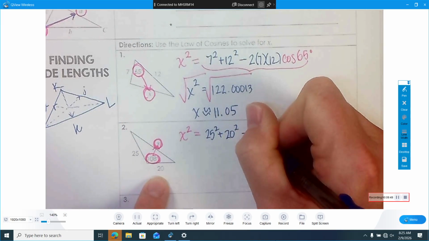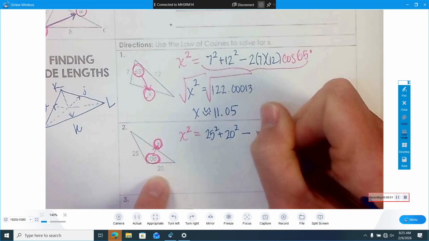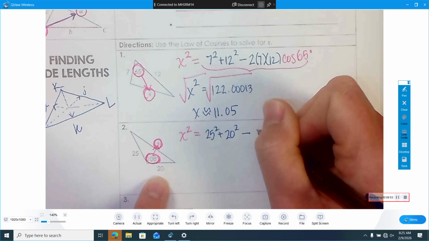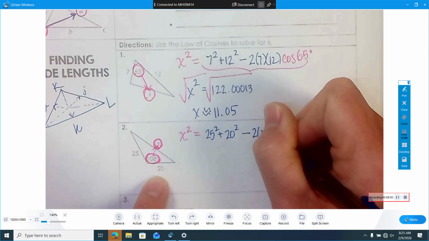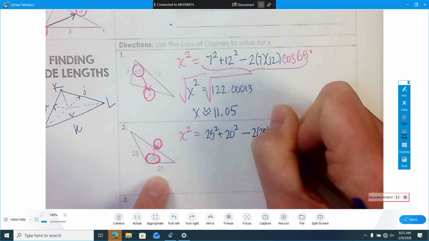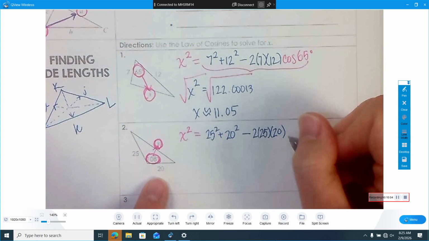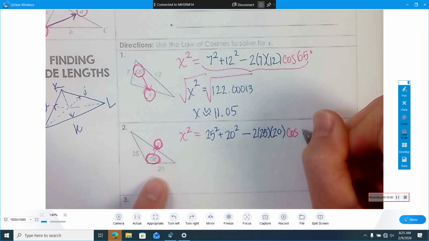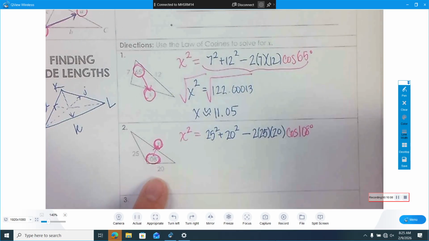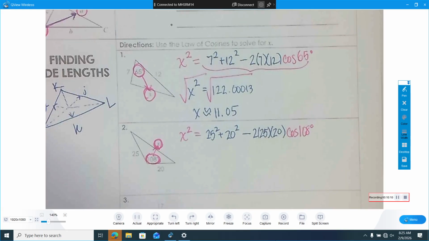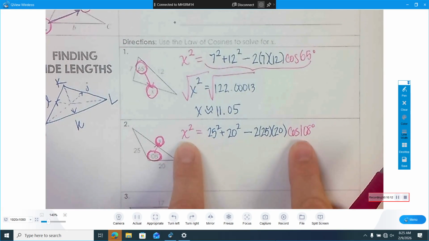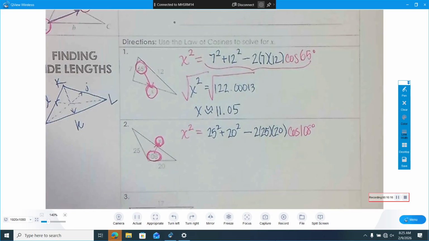Minus 2 times 25 times 20, twice the product of those two sides, times cosine of 108, cosine of your included angle. So you can see how we begin and end with those two things we circled, and everything else is the other sides in between, all right?